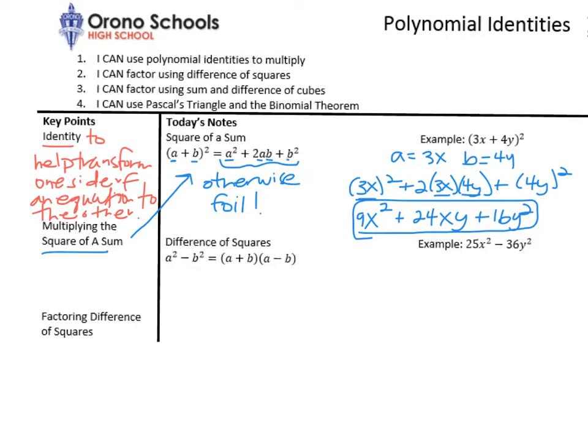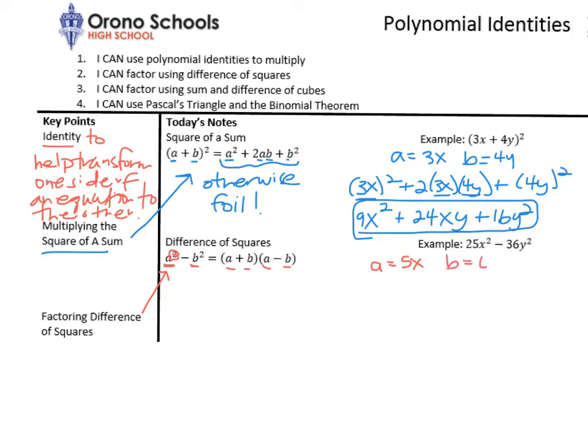Another definition that we've actually done before is the reverse of FOILing. It's factoring differences of squares. And again, that definition is on the right-hand side. Whenever you have a perfect square minus another perfect square, we split it into the square root of their sum and their difference. And we've done this before. So if we have 25x squared minus 36y squared, then A is actually 5x, and it's being squared in the equation.